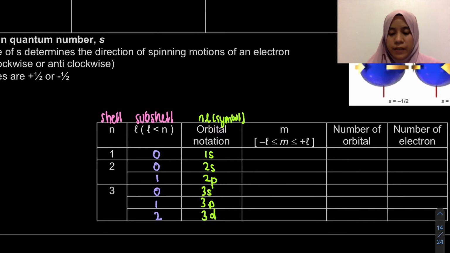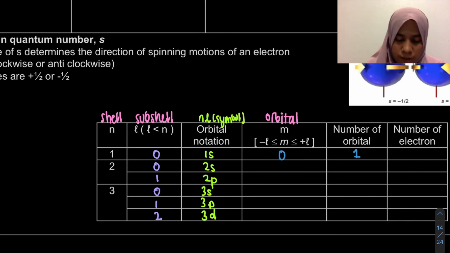Okay. Next, M. M is what we call our orbital. It depends on L. For example, when L is equal to 0, our M is also equal to 0. How many orbitals? 1.